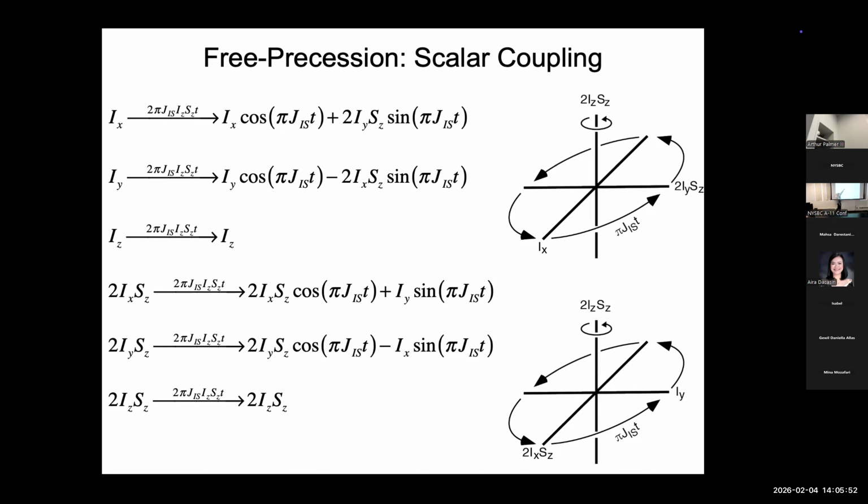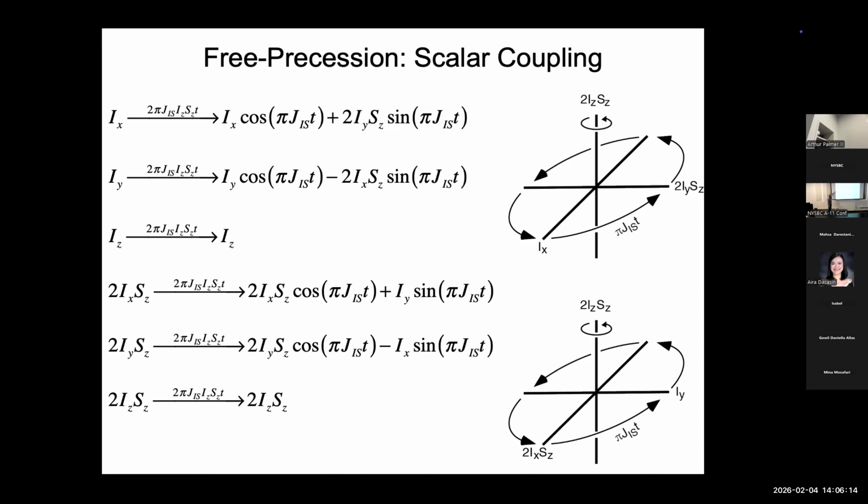So this just says the IYSZ says I've evolved to where my two doublet components are pointing in opposite directions in the transverse plane. And in our mathematics, we're forced to call that a Z operator. And we recognize that in the spectrum because now we have an antiphase doublet.